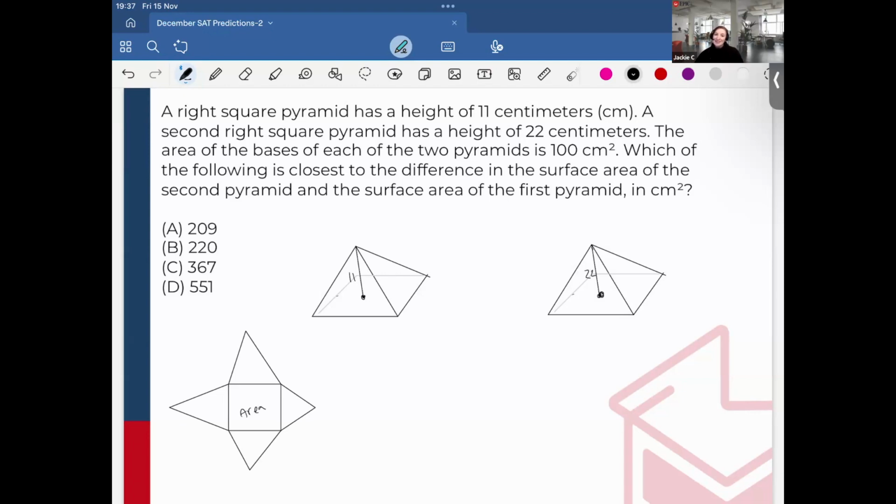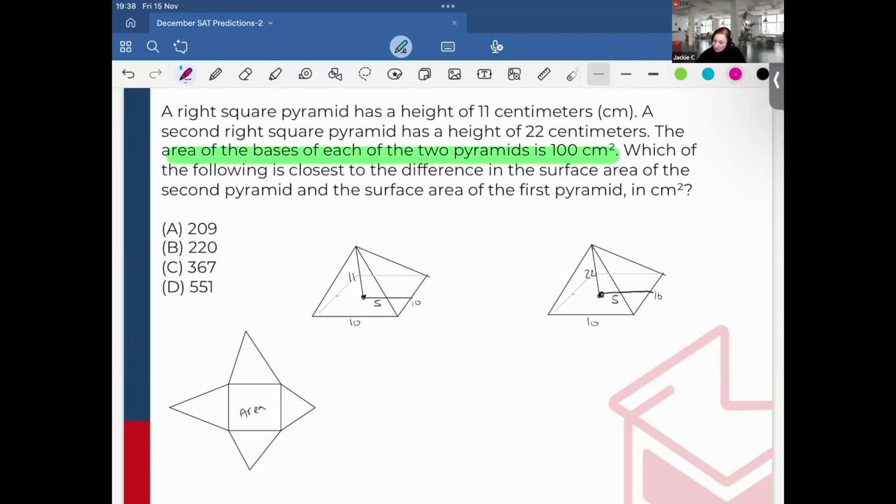So why don't I find the area of the triangle? If I know here that the area of the base is 100 centimeters squared, then I know that all these sides are 10, and that this would just be half of 10, which is 5. And same here, this would also be 5.